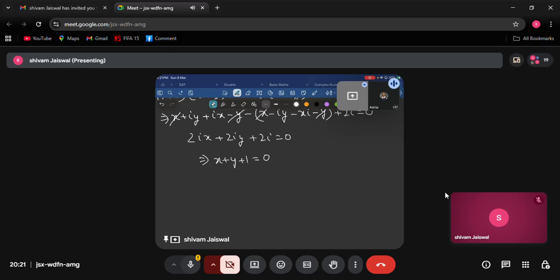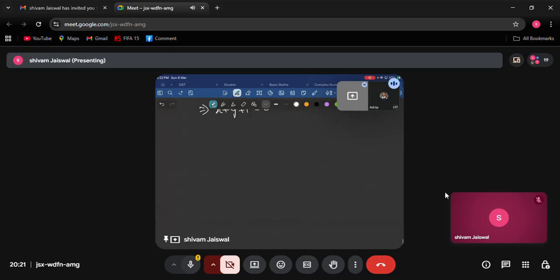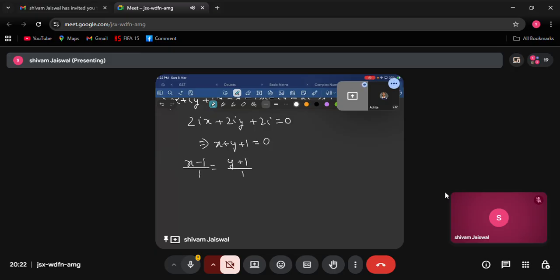Tell me, x plus y plus 1 is equal to 0? Yes, sir. Okay, so now let us find out the image. The point P is 1 comma minus 1. So (x minus 1) upon 1 is equal to (y plus 1) upon 1 is equal to minus 2 into (ax plus by plus c) upon (a square plus b square), that is minus 2 into (1 minus 1 plus 1) upon (1 square plus 1 square).